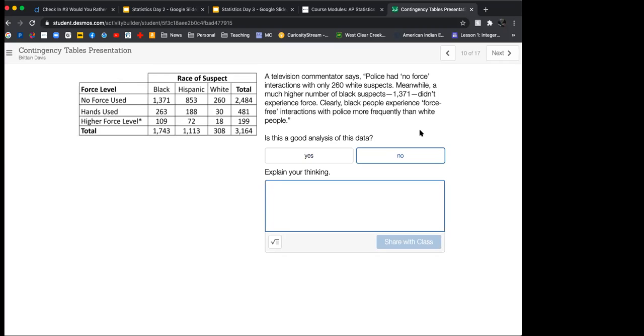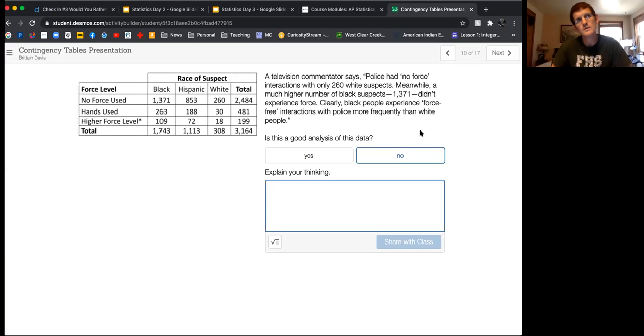I was going to say because the conditional distribution of force not being used was higher for those of the white demographic, then the analysis was wrong. Okay, I'm following you partially. When we break it down by conditional distribution, yeah, that's getting to the heart of it.